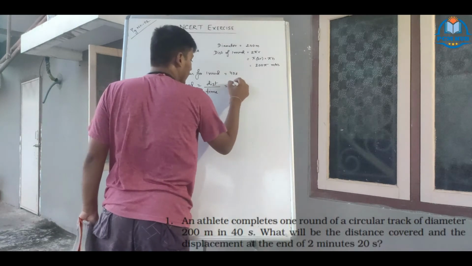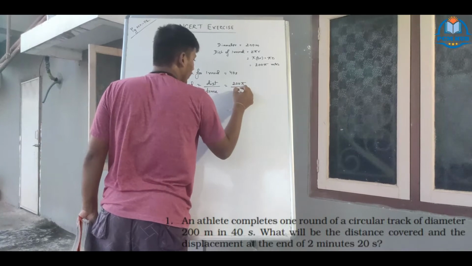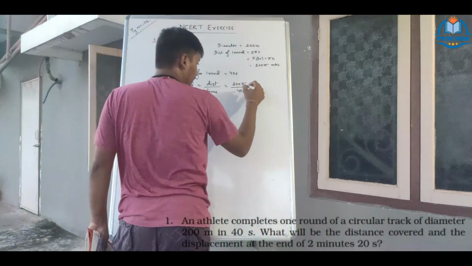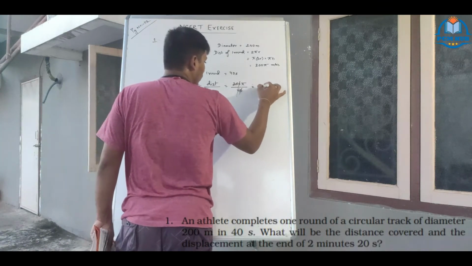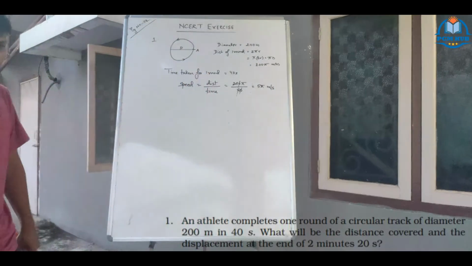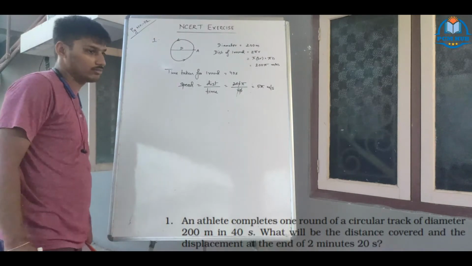What is the distance travelled by him? 200 pi. What is the time taken? 40 seconds. Meter per second. So 5 pi meter per second is the speed.